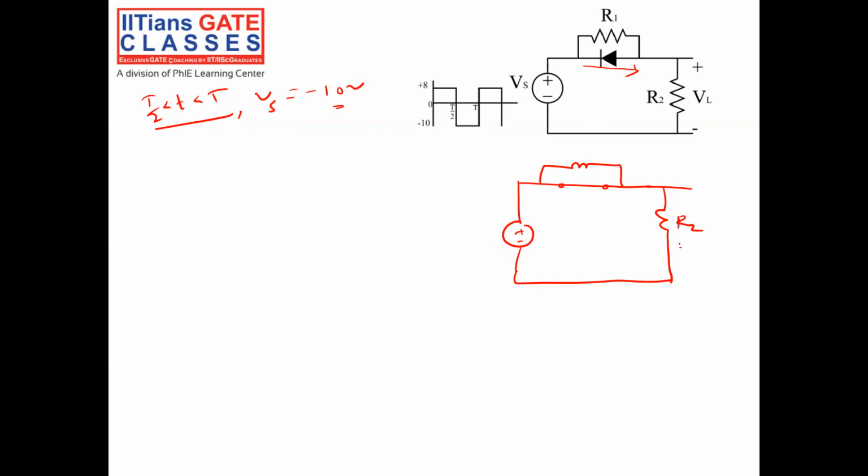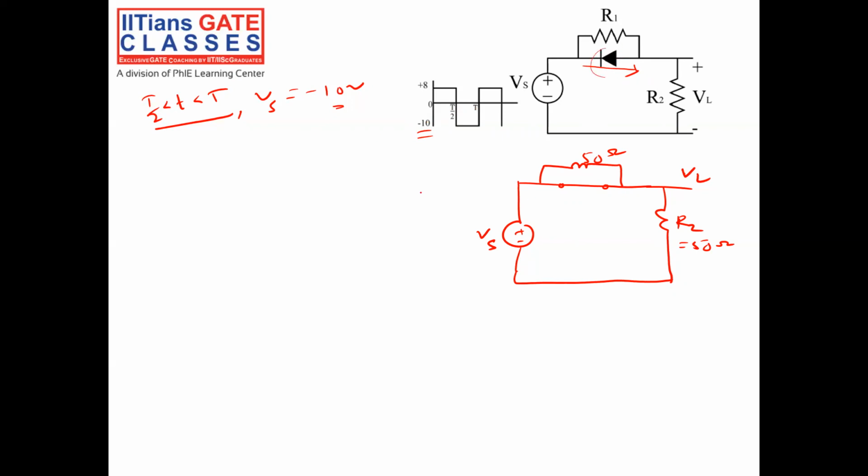R2 is equal to 50 ohm, this is also 50 ohm, this is VL, and this is Vs. In the time from T by 2 to T, Vs is minus 10 volt, it will forward bias the diode.